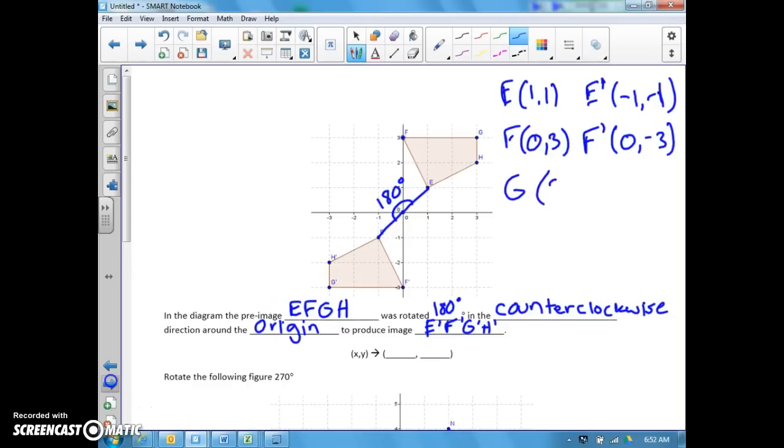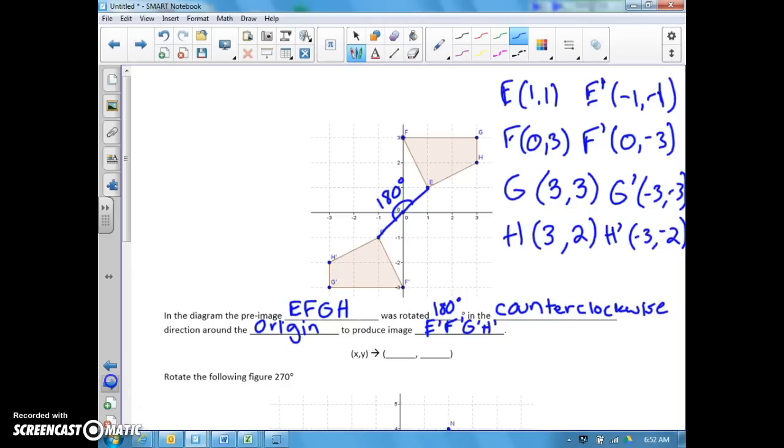G is at (3, 3), and G prime is at (-3, -3). H is at (3, 2), and H prime is at (-3, -2). Looking at the changes, it looks like we're just multiplying each coordinate by negative 1. So my rule would be (x, y) leads to (-x, -y).